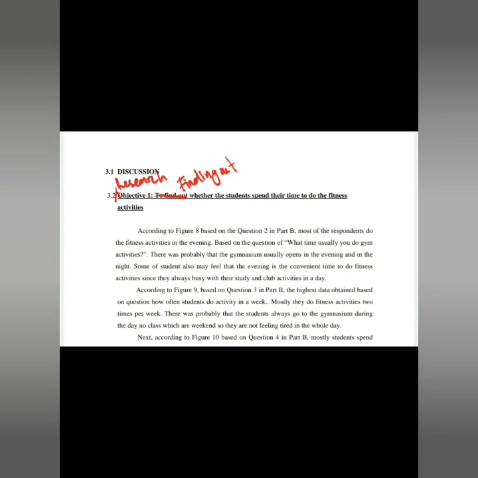Like this one, this group here discusses according to the question. This is not really what I want. What you need to do is basically the one that I have shown to you earlier. So you discuss whether students spend time on fitness or not. The answer is yes or no. If you say yes, why?